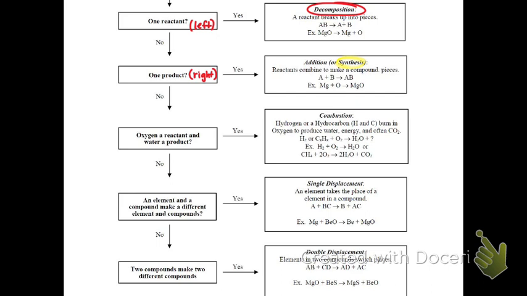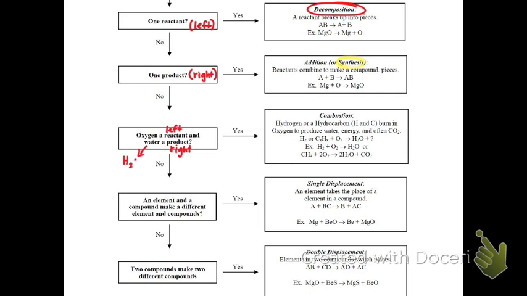And then we get a little more specific. So this third one here, oxygen is a reactant. So oxygen on the left, and water is a product. If we put oxygen in and we get water out, what is water going to look like in your formula? H2O.